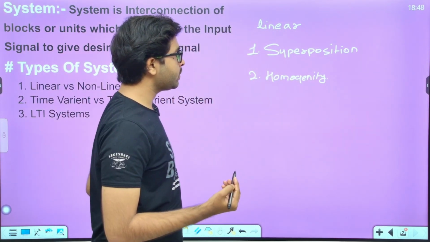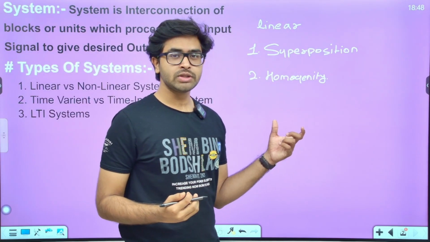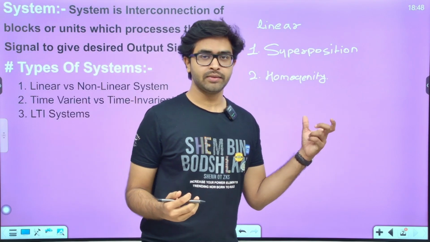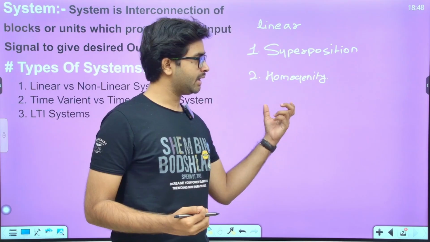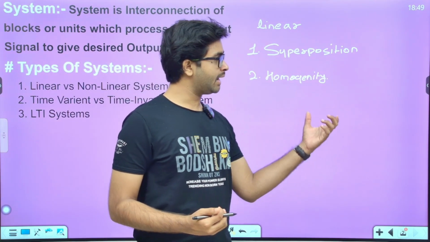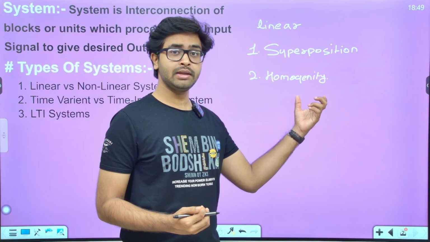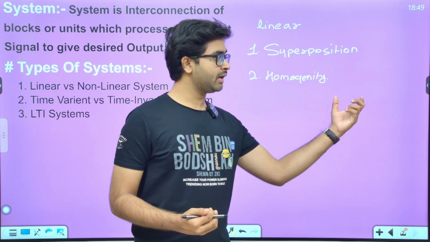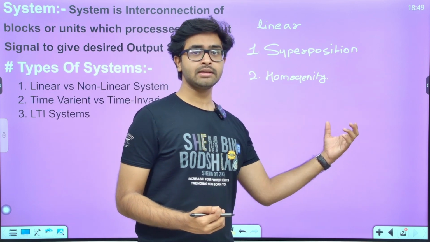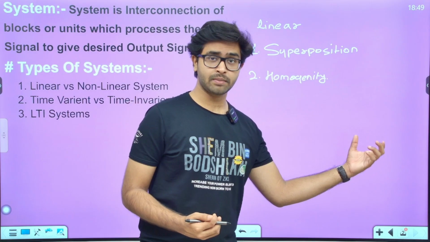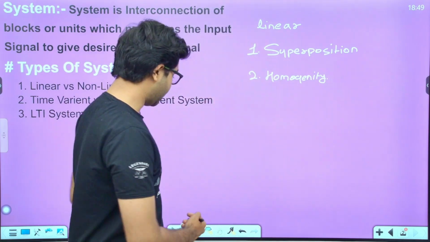Now, what is the superposition principle? Superposition is nothing but additivity. Like if I am having LHS and RHS, if I do the addition in the LHS, it must reflect in the RHS. Means LHS and RHS must match after applying this property.